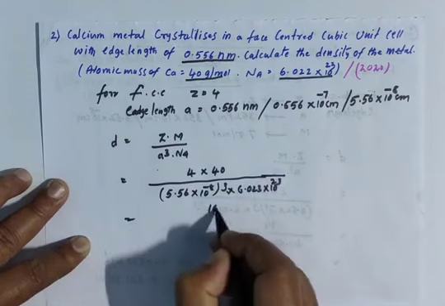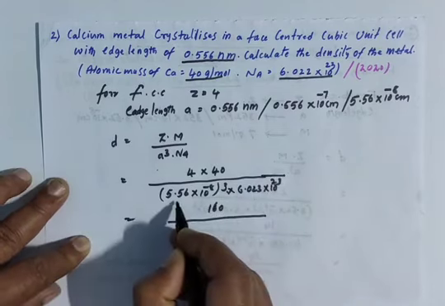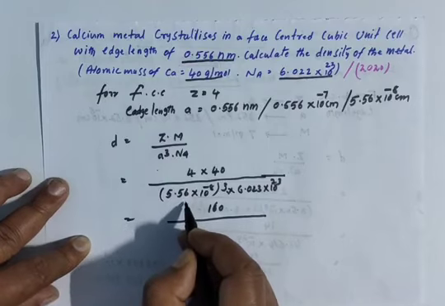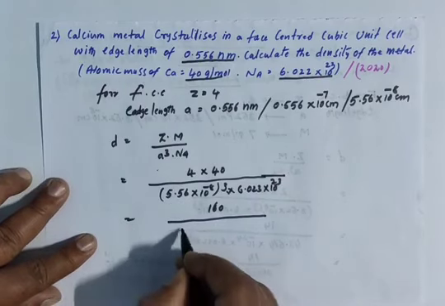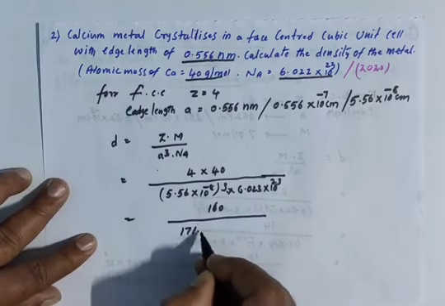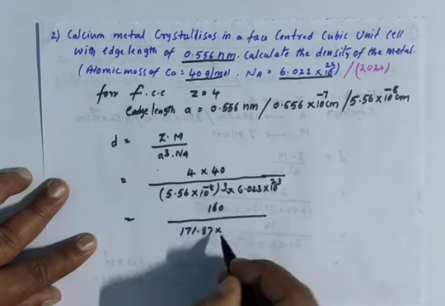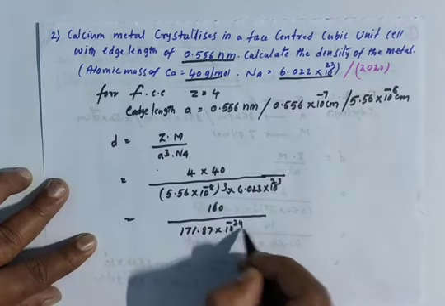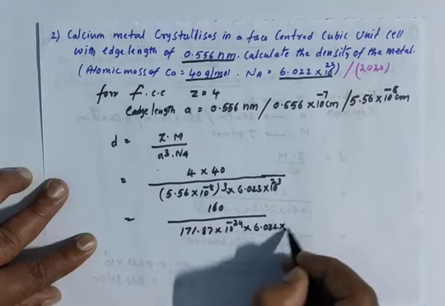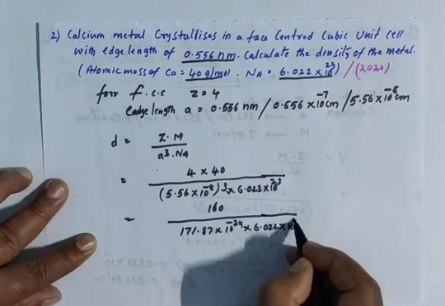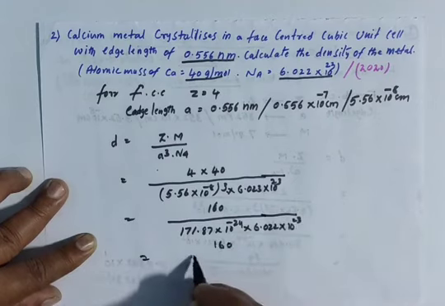This is 160 upon 5.56 three times, giving 171.87 into 10 raised to minus 24 into 6.022 into 10 raised to 23.